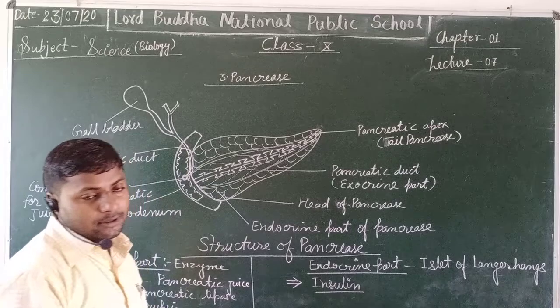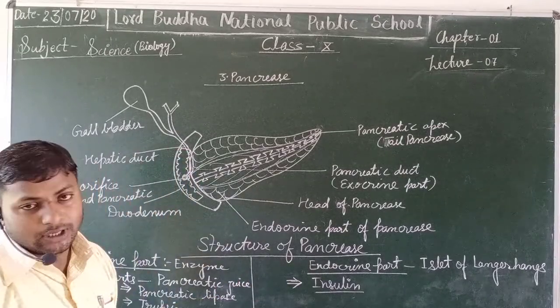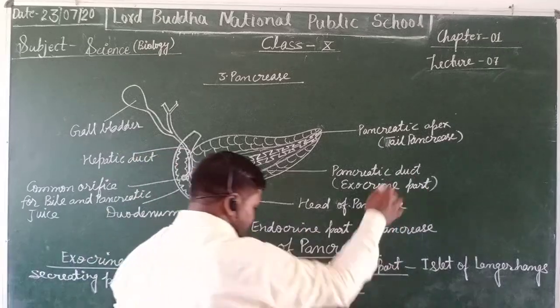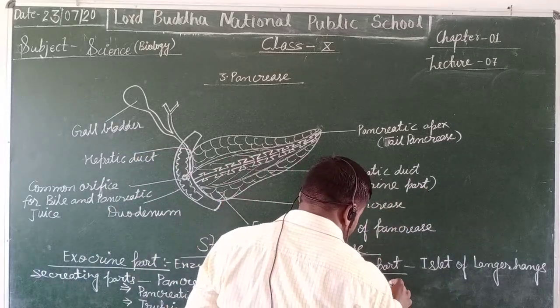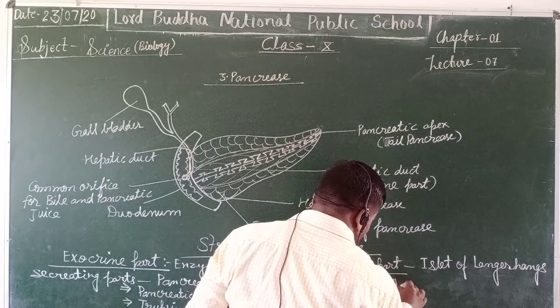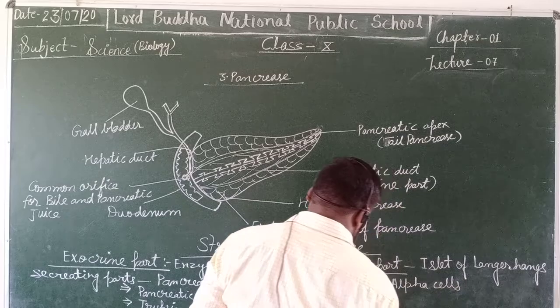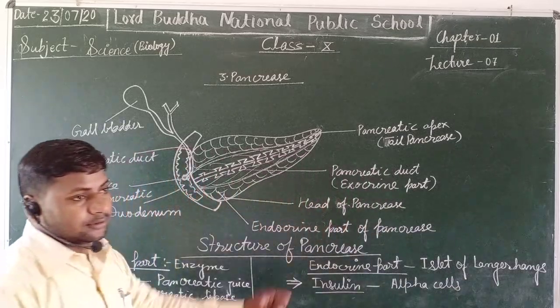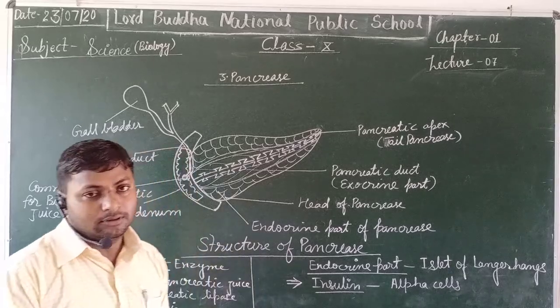The glucose level in the blood rises, which leads to diabetes mellitus. Insulin is secreted by the alpha cells and helps in control and coordination of the glucose level in our blood.